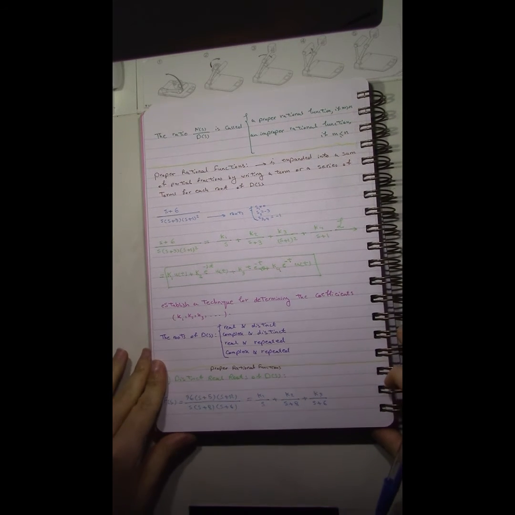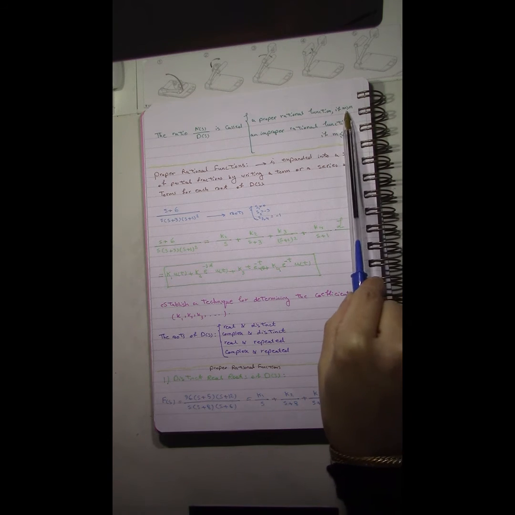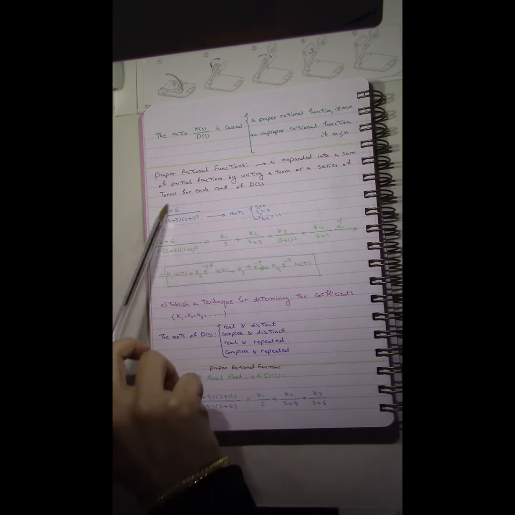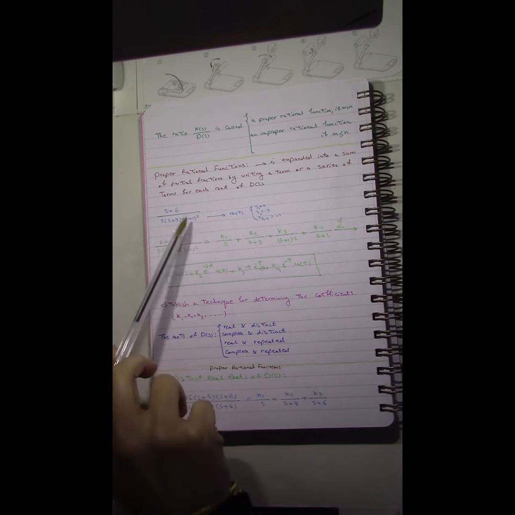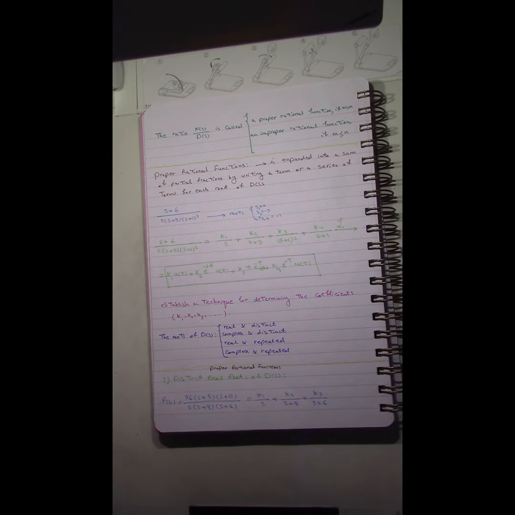First, we consider the proper rational function, which means m greater than n. For example, if we had a function like this in the s domain, first we find the roots. So what are the roots for this function? 0, minus 3 and minus 1.